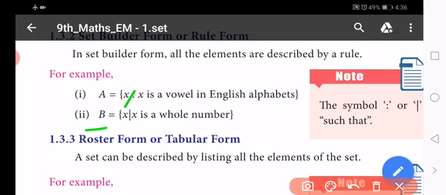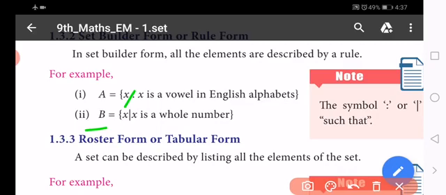In each and every sentence in set builder form or rule form, we start with the set of all x, and then such that. The set of all x such that x is a whole number. The set of all x such that x is a natural number. The set of all x such that x is a prime number less than 100.